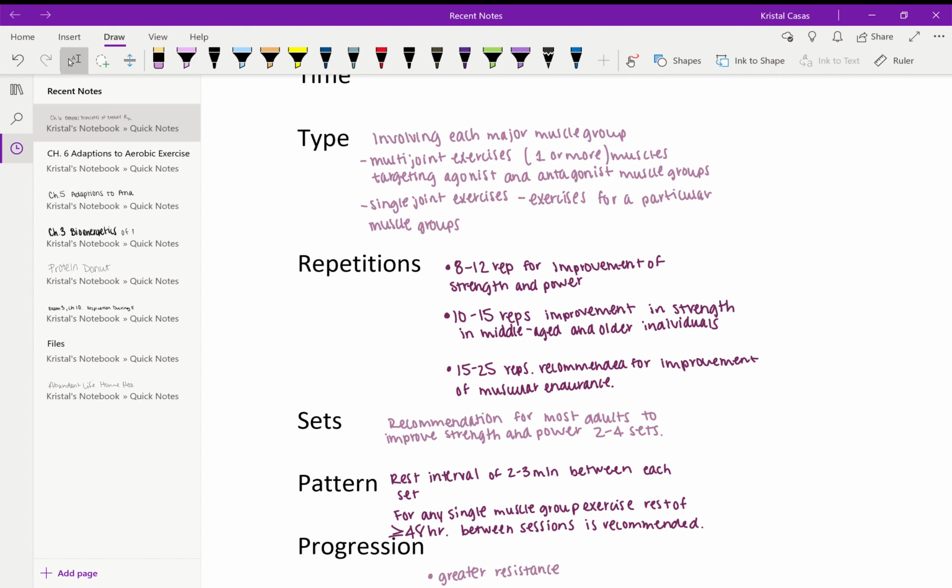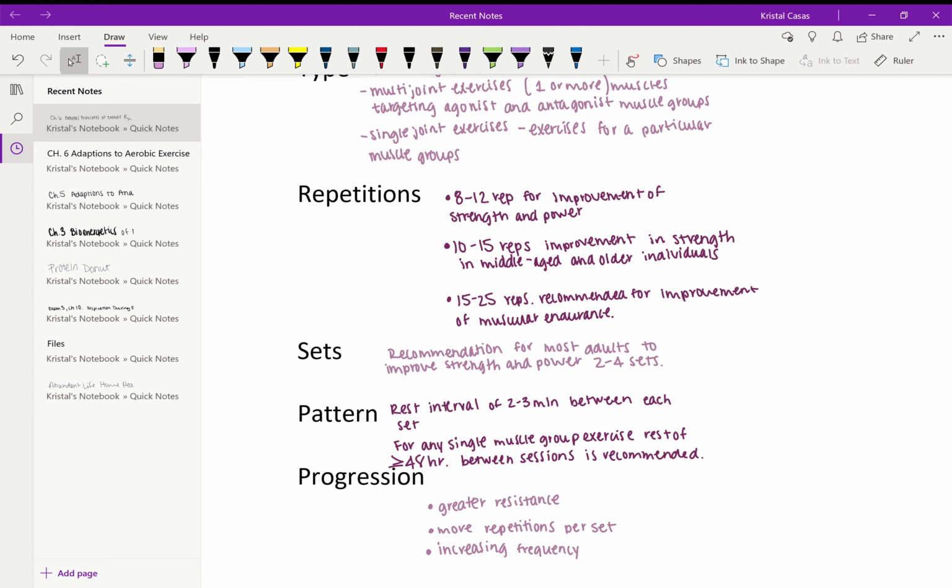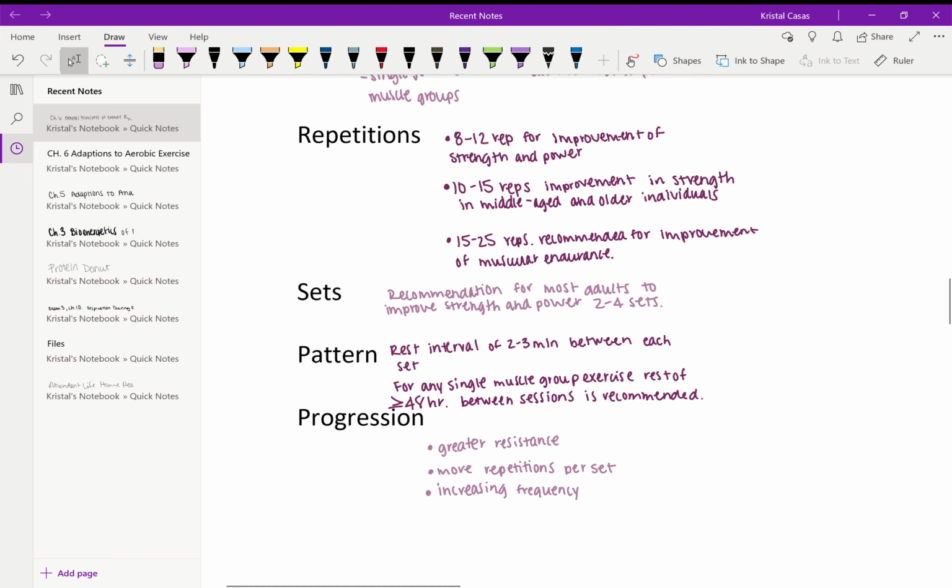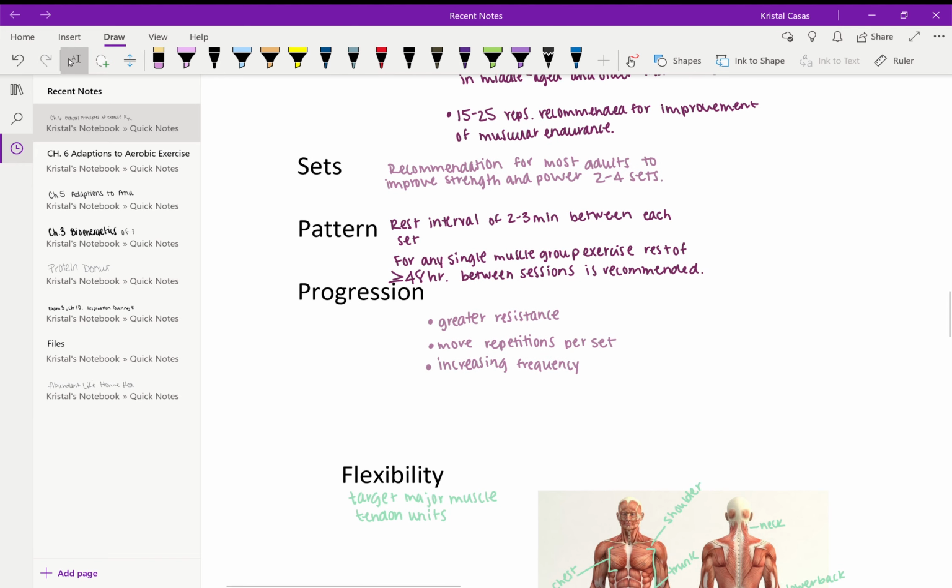A type would be, just remember, major muscle groups, multi-joint exercises are pretty good, and then there are also single joint exercises, so you're just working on a particular muscle group. Repetitions, 8 to 12 repetitions of movement for strength and power, 10 to 15 reps if you want to do more for endurance, and 15 to 25 is also good for muscular endurance. 2 to 4 sets is the recommendation.